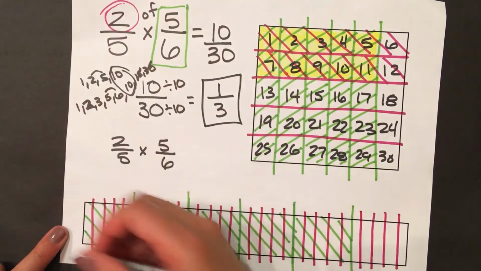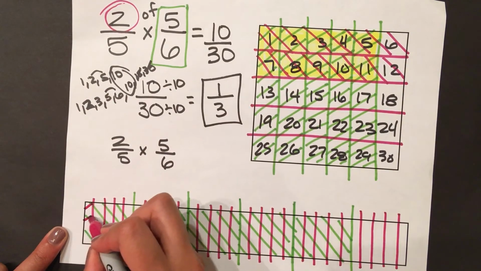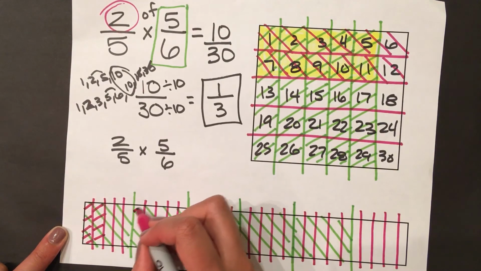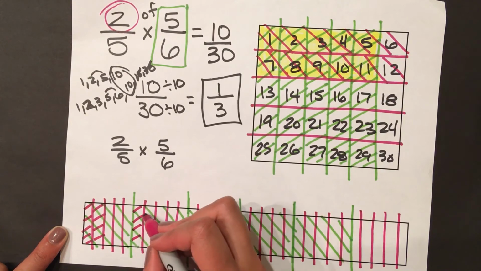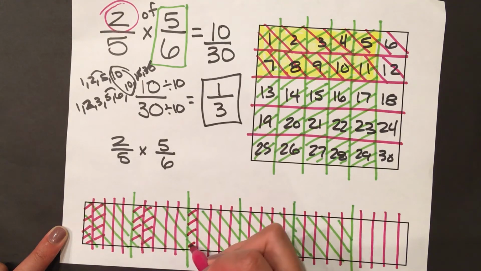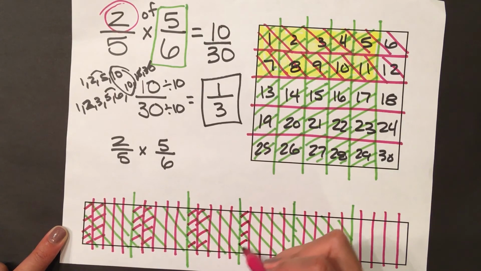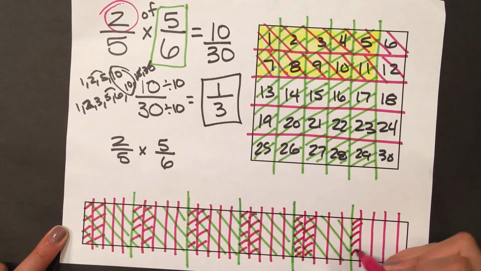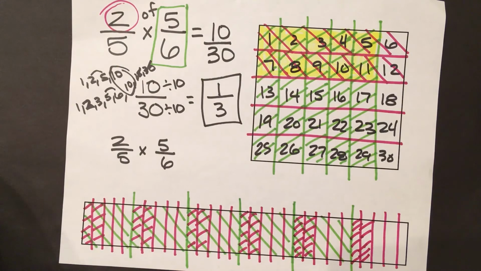We're going to block in 2 of each one of these fifths. Then we're going to highlight where they overlap.